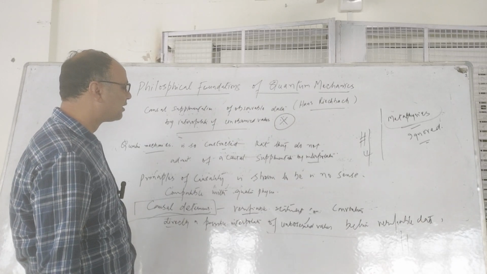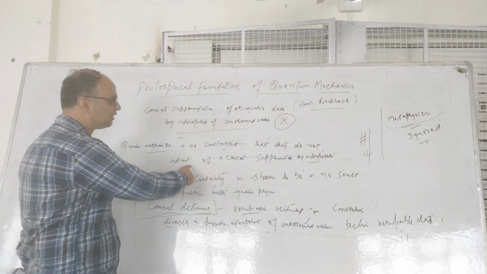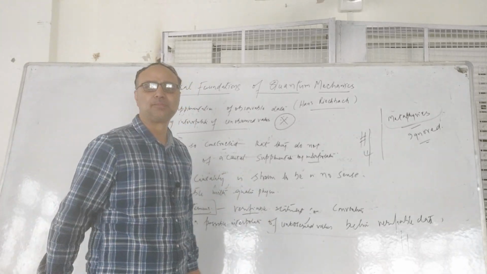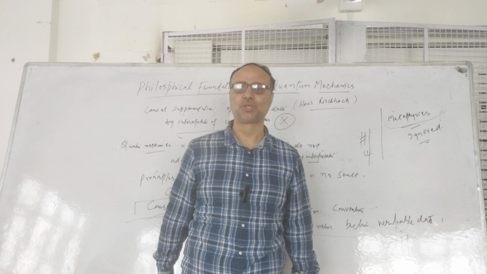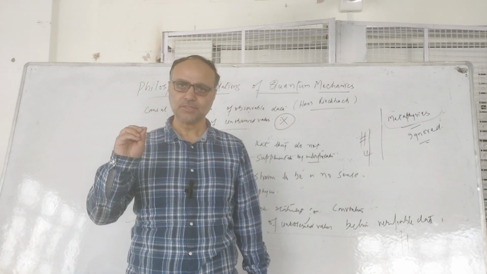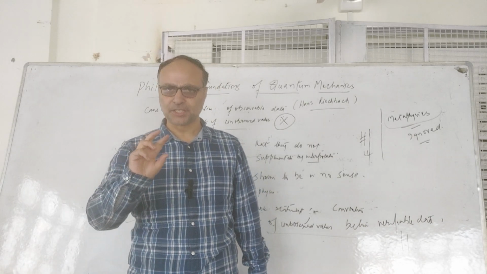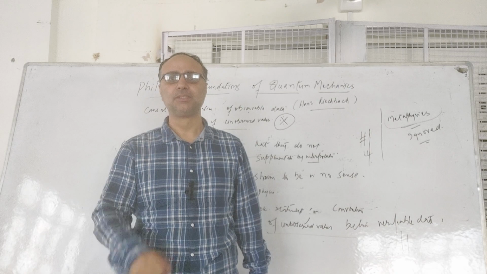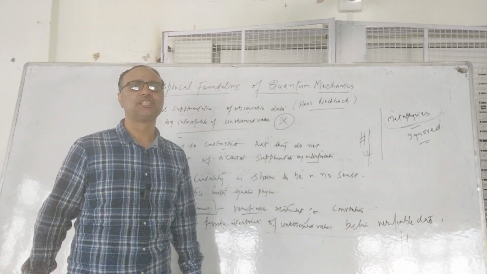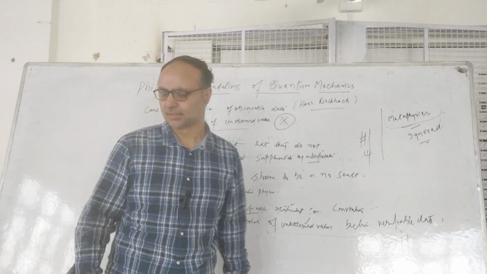Quantum mechanics, when constructed, does not admit a causal supplementation by interpolation. So you cannot go back and pin down those conjugate variables whose effect can be traced to different causes.